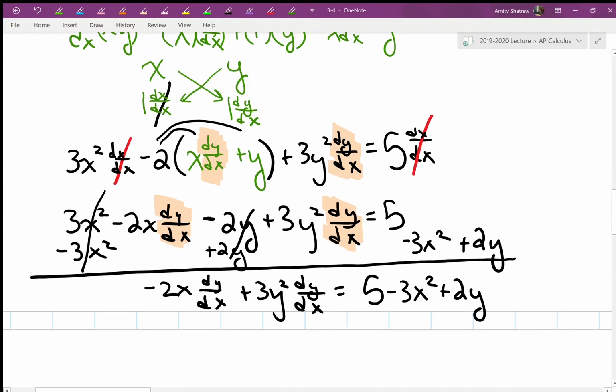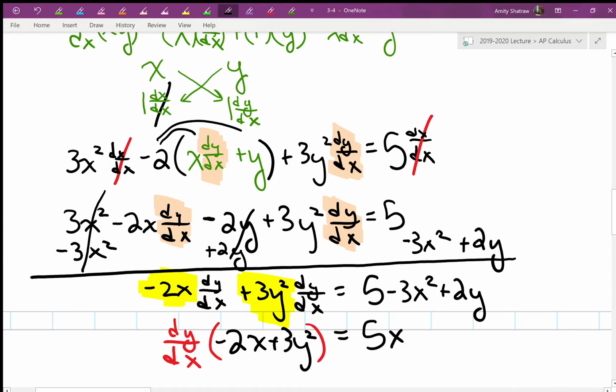It's pretty easy for me to see how I'm going to gather up a negative 2x and a positive 3y squared, and that those two things are going to be multiplied by my dy dx. This is called factoring the dy dx. And what am I factoring? Here we go. Negative 2x plus 3y squared. And that still equals this ugly mess over here. Sorry, 5 minus 3x squared plus 2y.